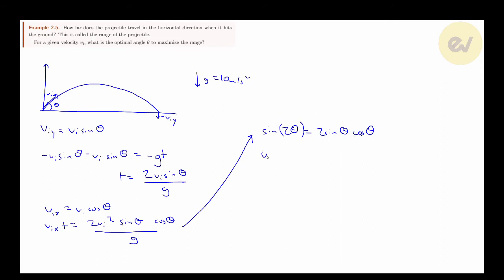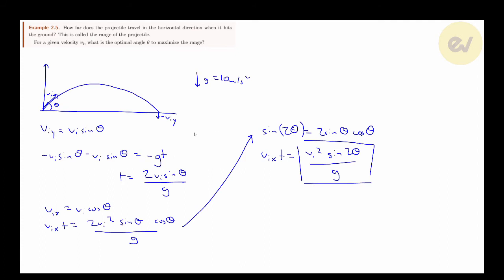So if we would like, we can combine this 2 and sine theta, cosine theta here to make the distance equal to v_i squared times the sine of 2 theta over g. And so this is the horizontal distance a projectile will travel over flat ground with this initial angle theta and initial speed v_i.